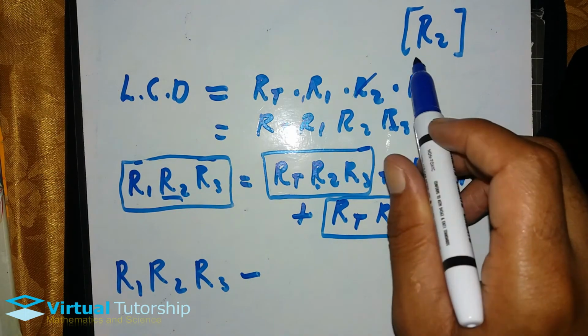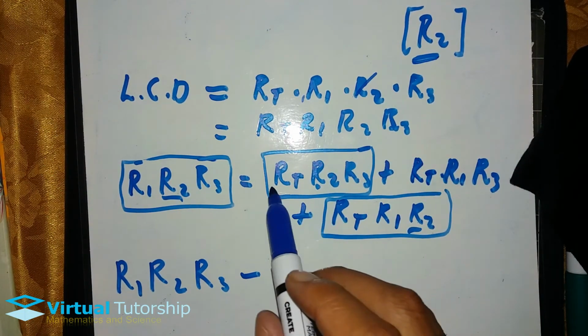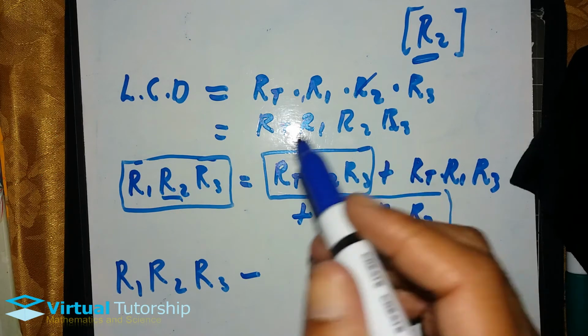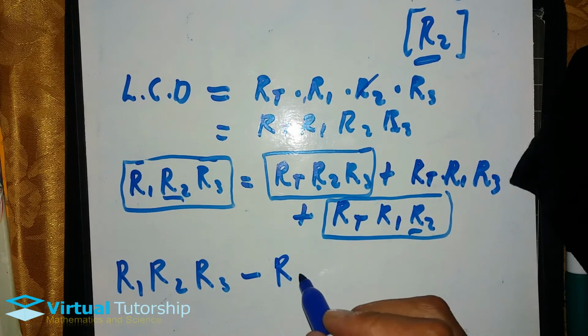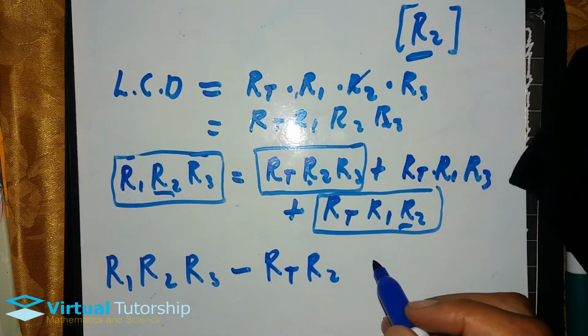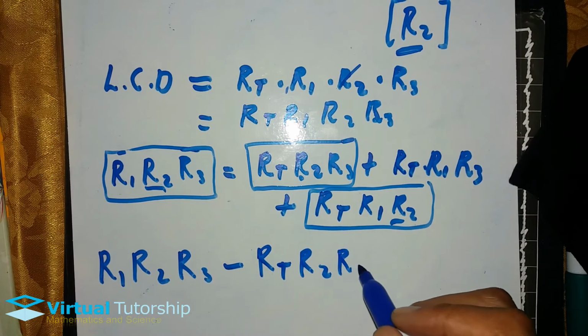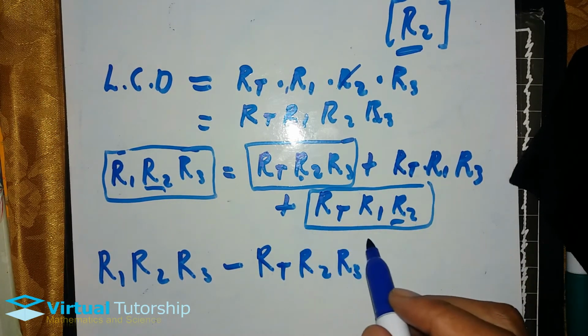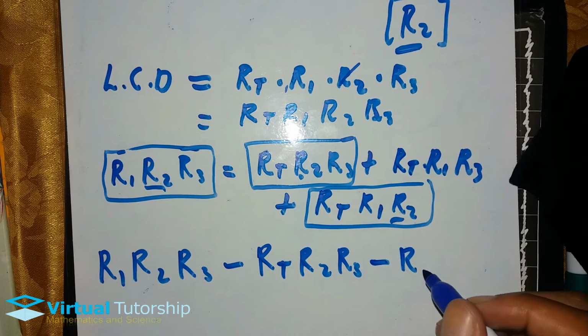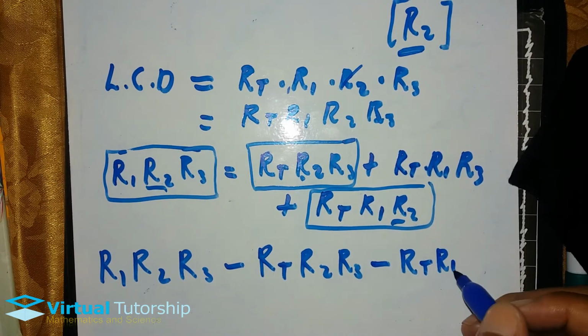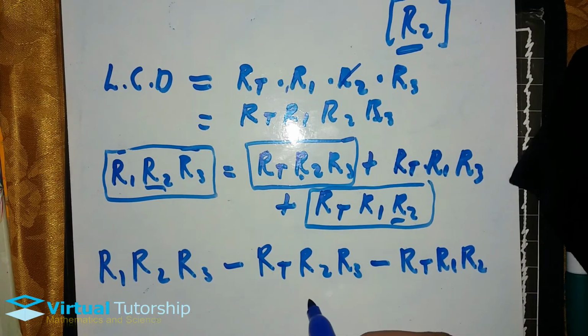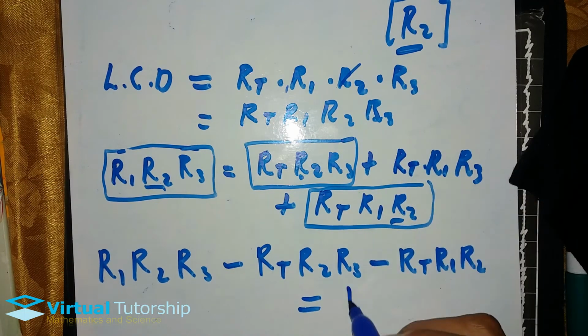Remember we solve for that R2. So this term I will transpose, it arrives as a negative RT, R2, R3.